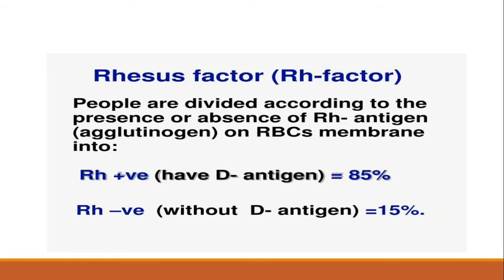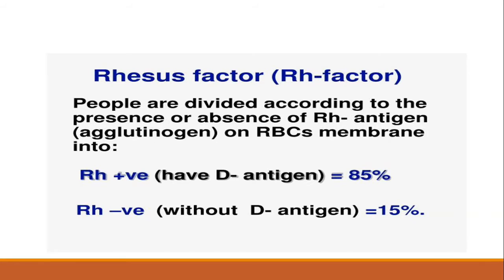People are divided according to the presence or absence of the RH antigen, the agglutinogen, on the RBC membrane. As I discussed in the ABO blood group system, people whose RBCs have the A antigen on their surface are referred to as blood group A. The same case is with the RH factor.